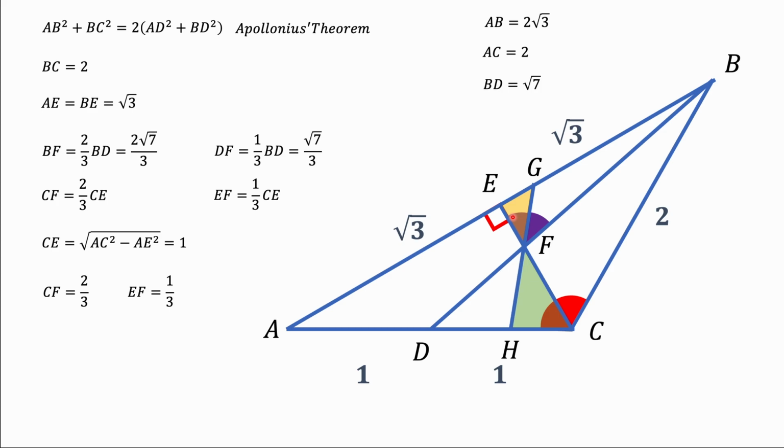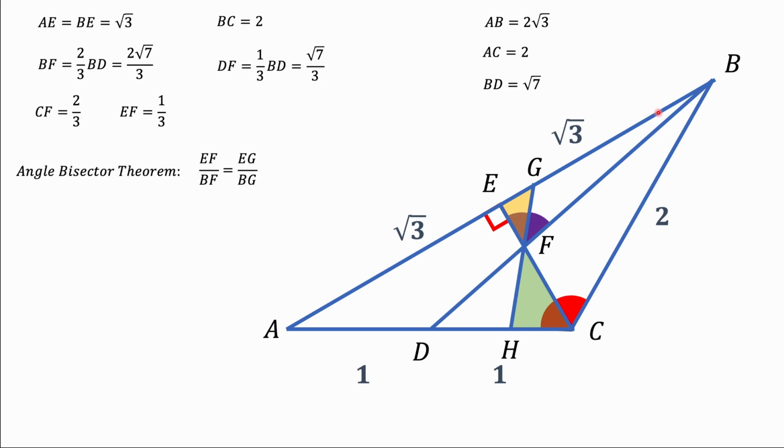The next thing we want to do is to find the area of this yellow triangle. To do that, we need to realize that FG is the angle bisector for the triangle EFB. And we can apply the angle bisector theorem, which says that the ratio of EG to BG is the same as the ratio of the sides of this triangle, EF to BF.